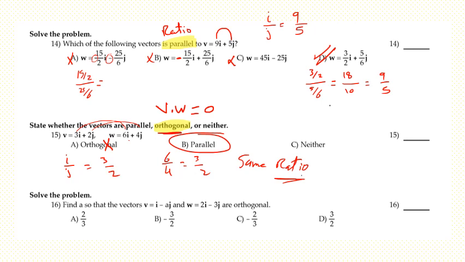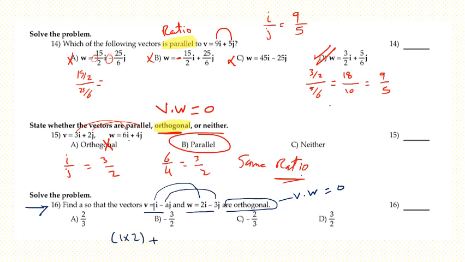Find number 16. Find the solution where vectors V and W are orthogonal. And I said that orthogonal means that the dot product is equal to 0. So 1 multiplied by 2 plus negative A multiplied by negative 3 should equal 0.